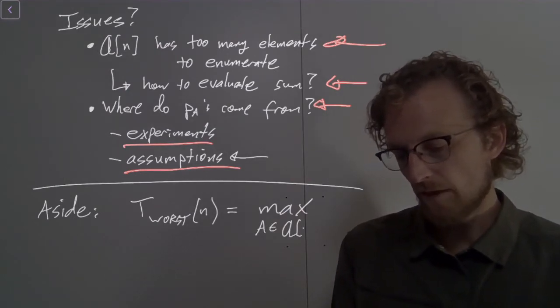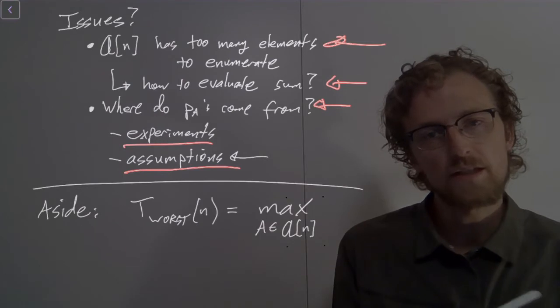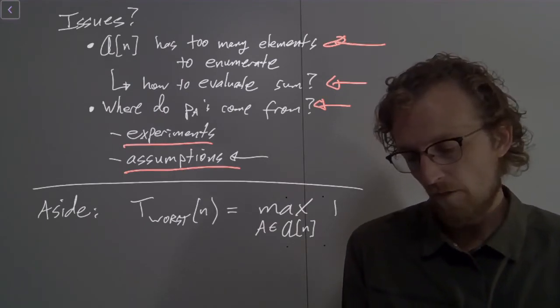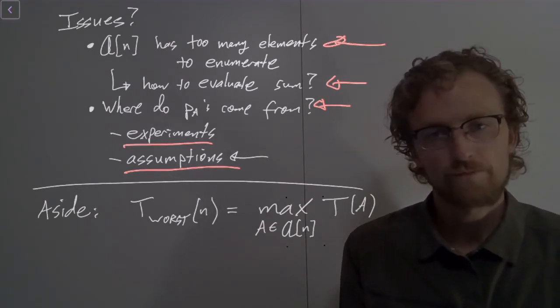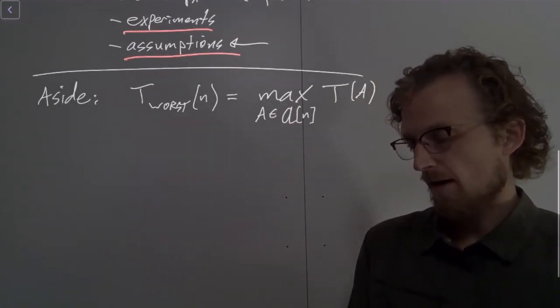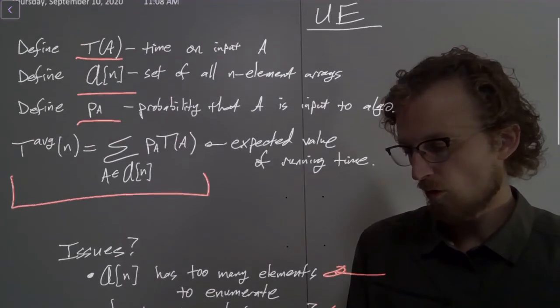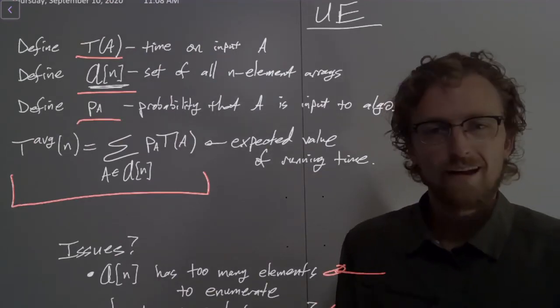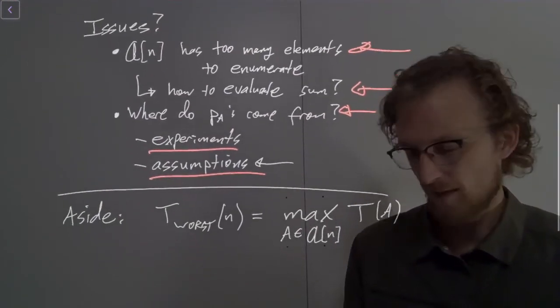The max over every element of this set of all possible inputs of the running time of that algorithm. Okay, that's worst case. That's the definition of worst case. Just search through all of the possible inputs and plug the worst one in. That's what worst case means.